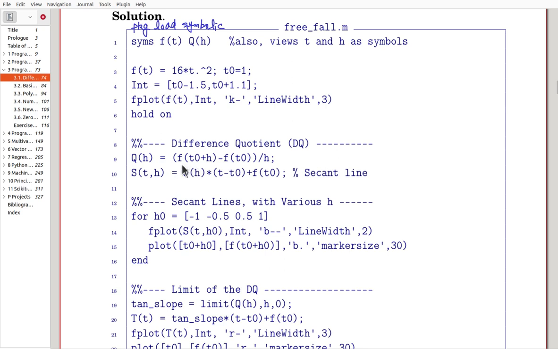And this is the difference quotient. Then we get the secant line for a given h. That is the slope of the secant line, and this is the line in point slope form.